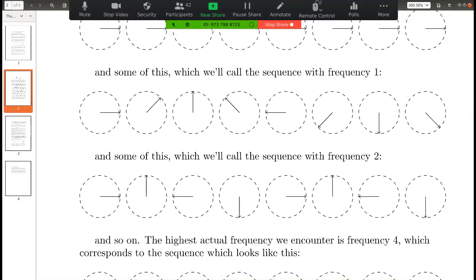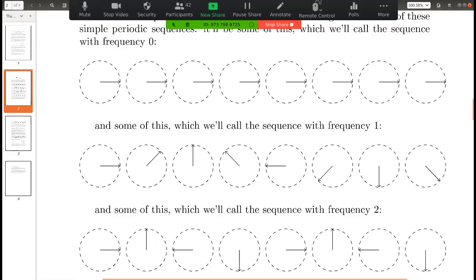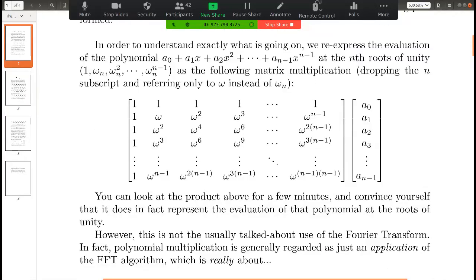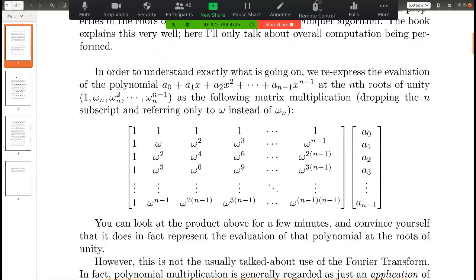But we want to multiply polynomials together, say. And so we want to evaluate the polynomial, or evaluate two different polynomials, multiply them together element-wise, rather than coefficient-wise, and then go back to the coefficient representation.